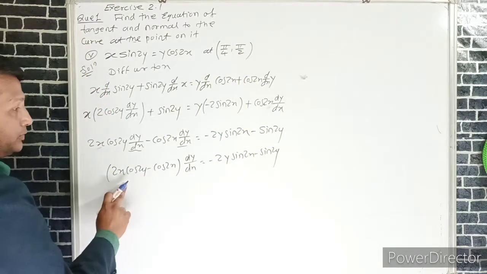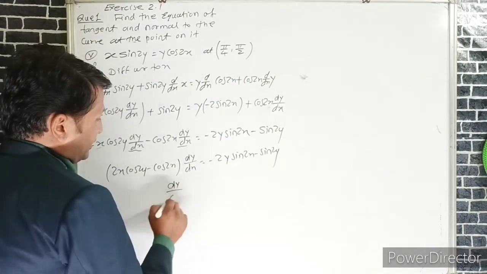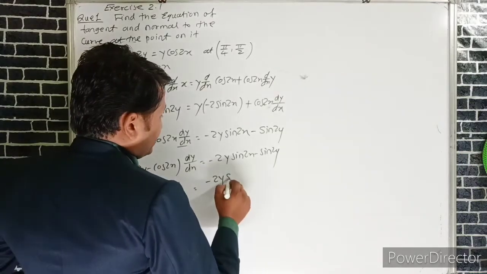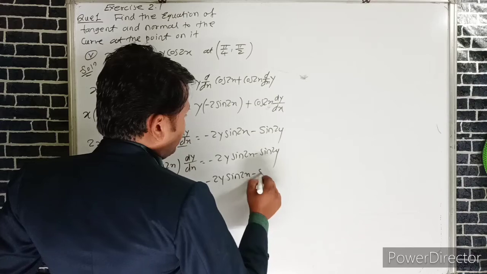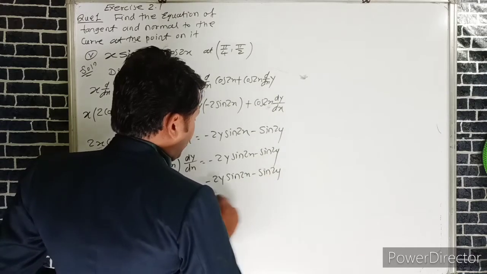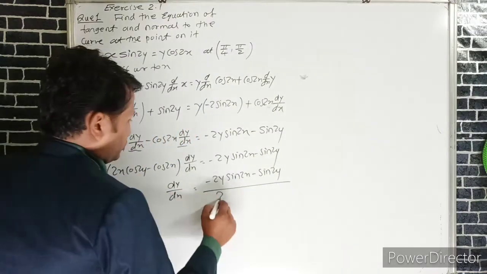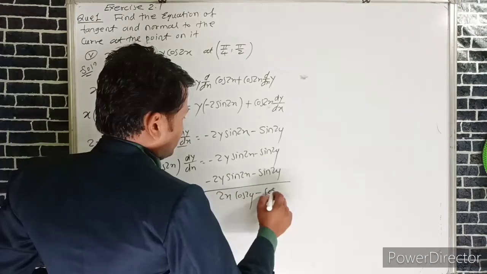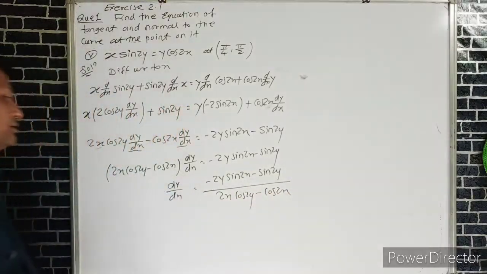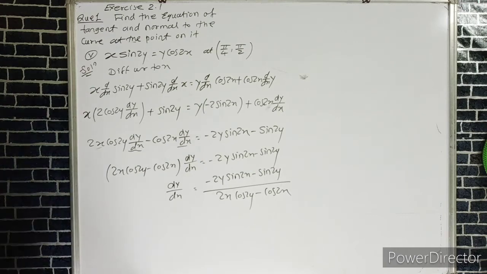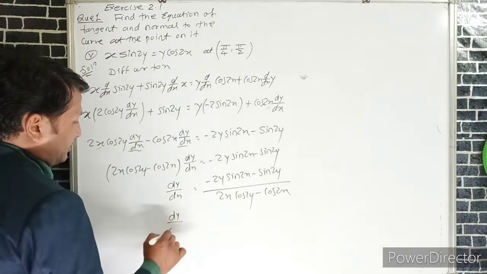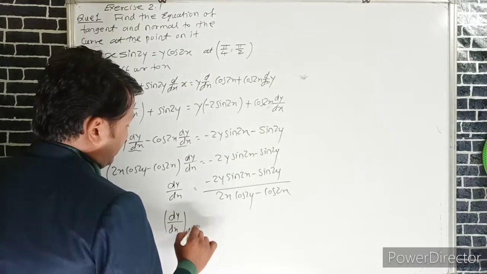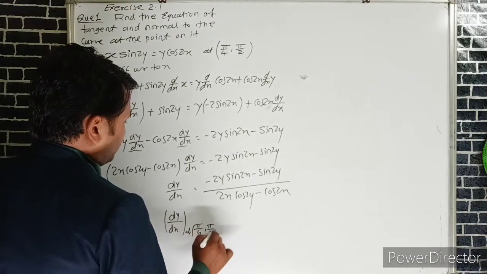So if we substitute, dy upon dx is equal to minus 2y sin 2x minus sin 2y upon 2x cos 2y minus cos 2x. So we have to find the slope. It means dy upon dx at pi by 4, pi by 2.